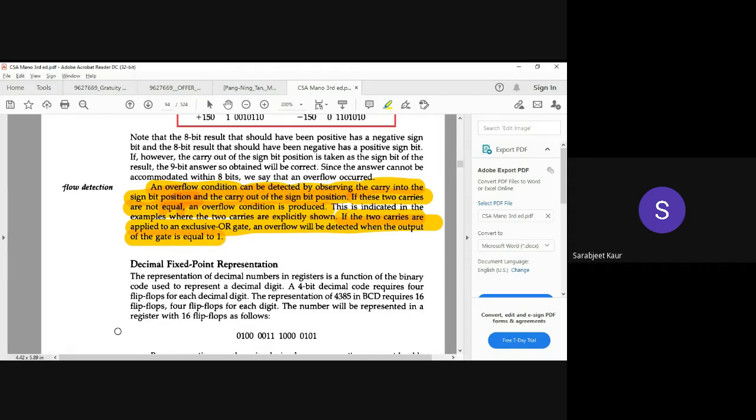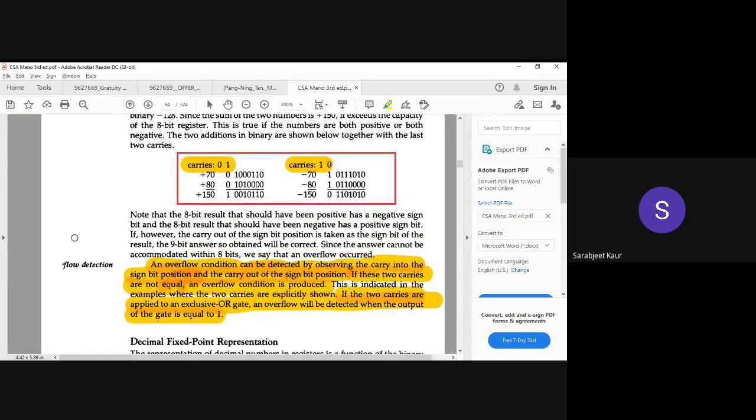Another important thing is that I just wanted to revise with you overflow detection. Now, how do we detect the overflow? Please see. Suppose I'm adding two positive numbers or two negative numbers.